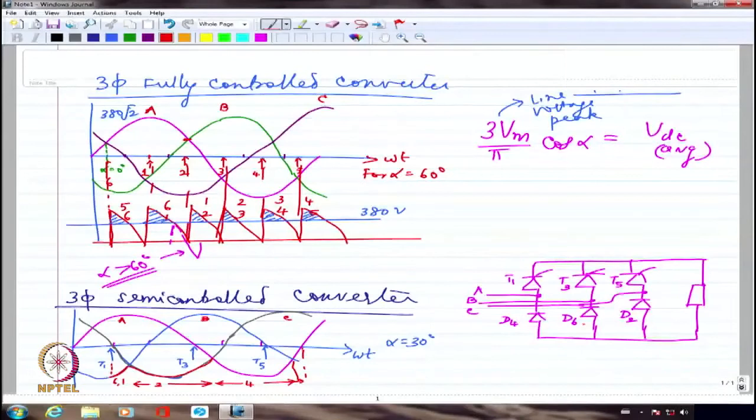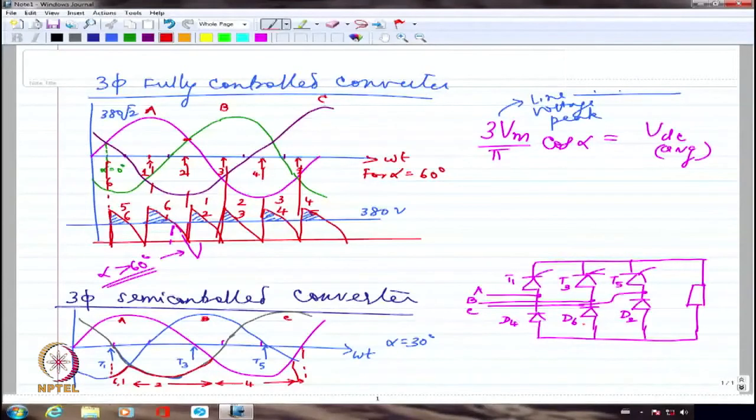From here to here it is 30 degrees, from here until 2 ends or 3 takes over. So from here until the point where 3 will take over, that will correspond to the conduction of 1 and 2. 1 and 2 are going to conduct for this duration.